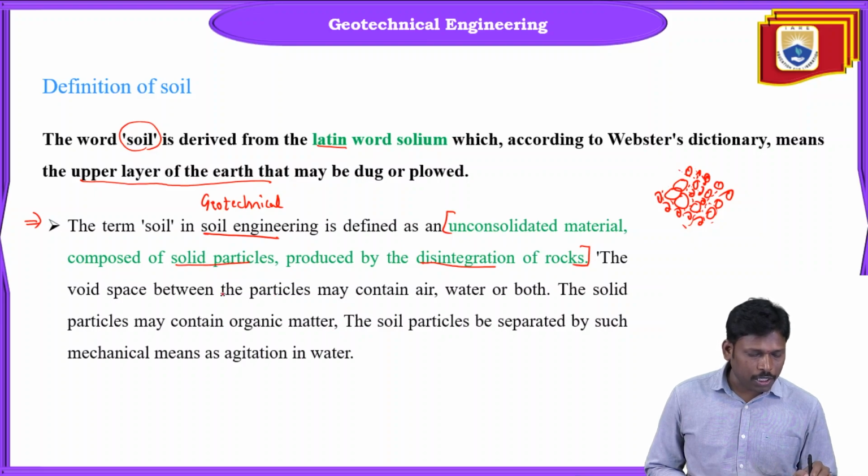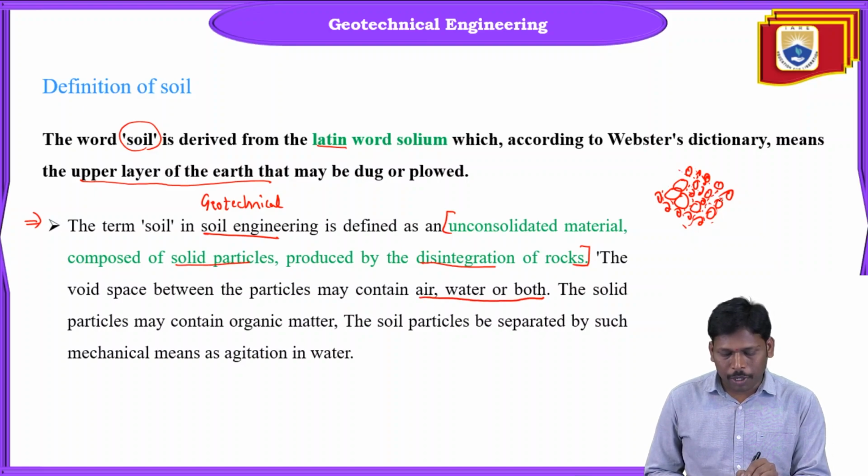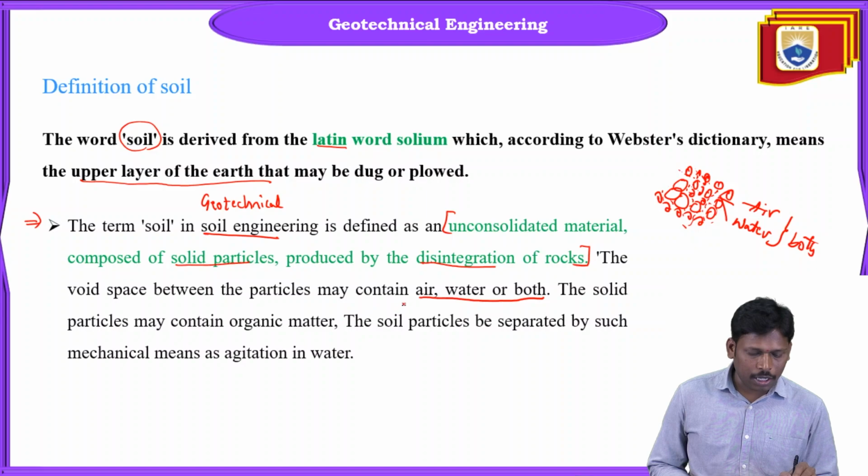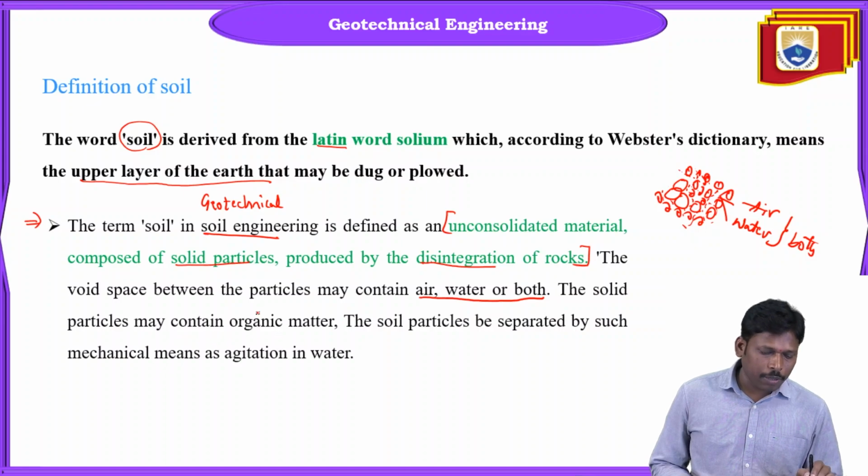So the void space between the particles may contain air, water, or both. This particular space may be occupied by air or water, and in some cases both. In some cases the solid particles may also contain organic matter.